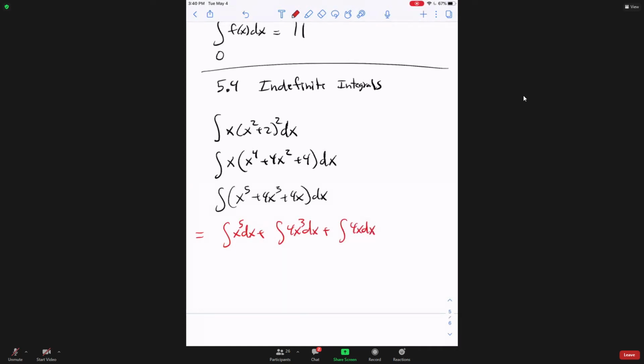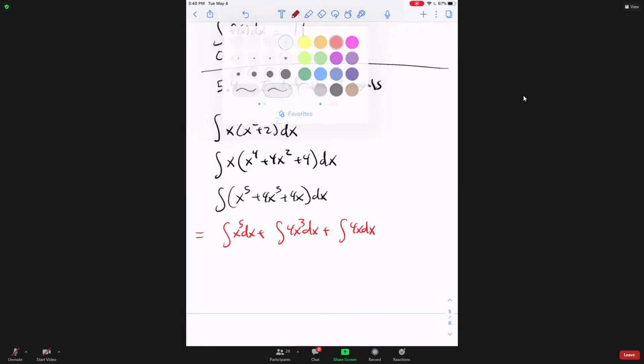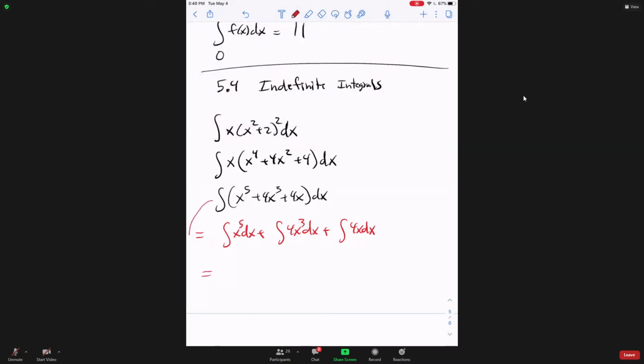That's the property of integration, is the integral of a sum is the sum of the integrals. Now, you don't need to write what I wrote in red. I just like to go from here to here. I'm just going to treat them like separate questions. But that's what allows us to do that, because when it's a sum or a difference, you just treat them like separate questions.